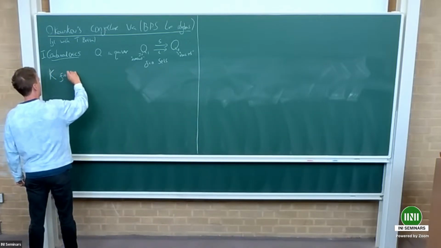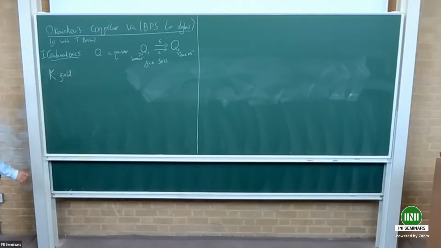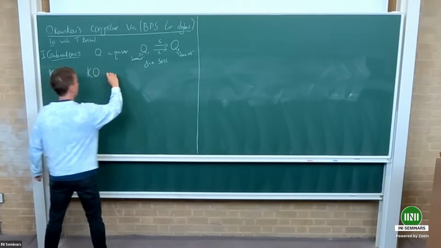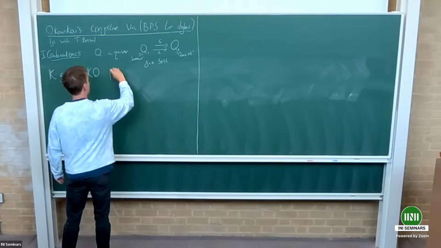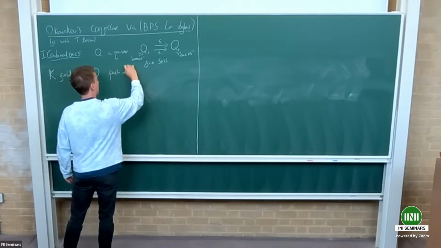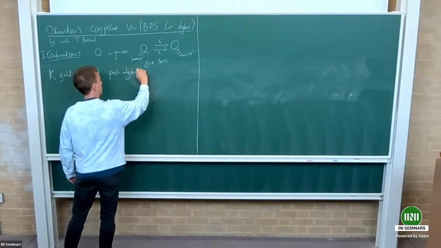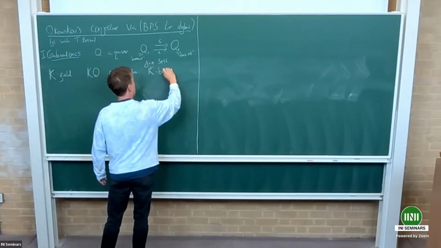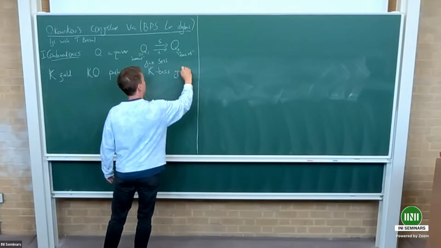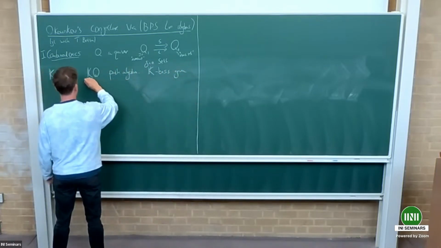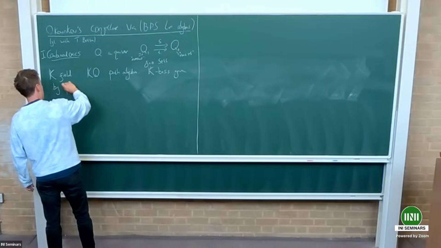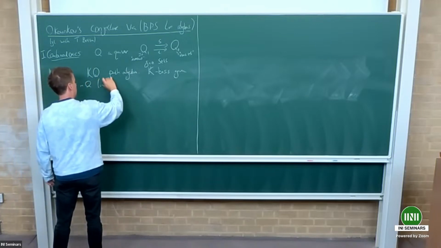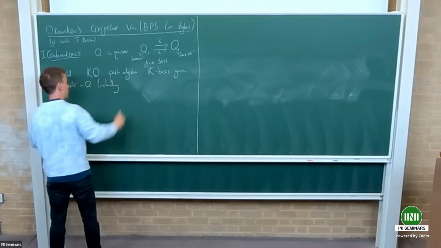Let K be a field. Now I'm very agnostic about what that field is. Define KQ to be the free path algebra, or just the path algebra. It has as a basis over K the paths in Q, including the so-called lazy paths.